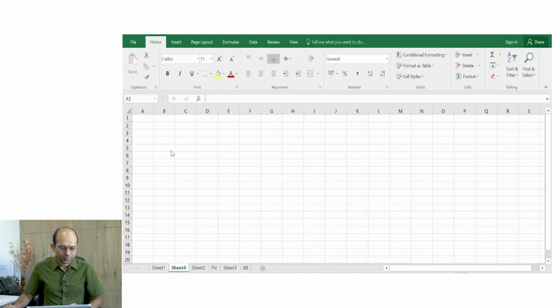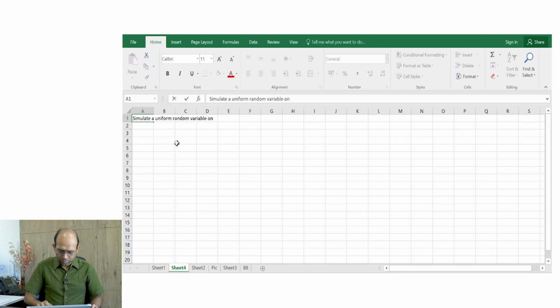So this is a new sheet where we would like to see how to simulate. So let me write down: simulate a uniform random variable on closed [0, 1].